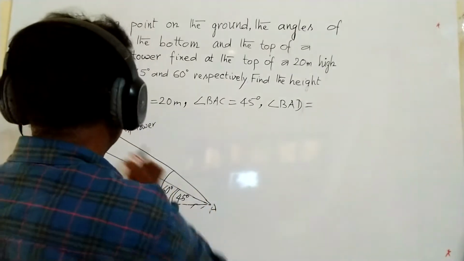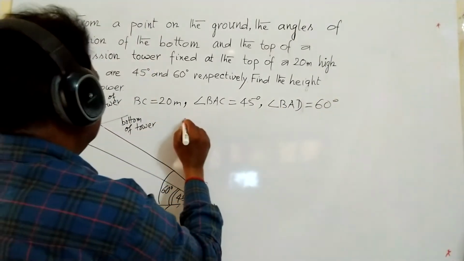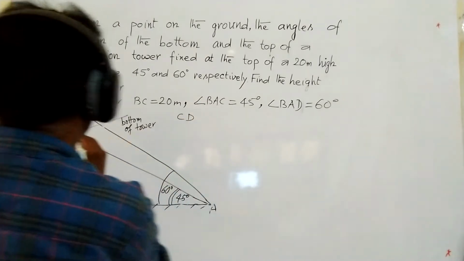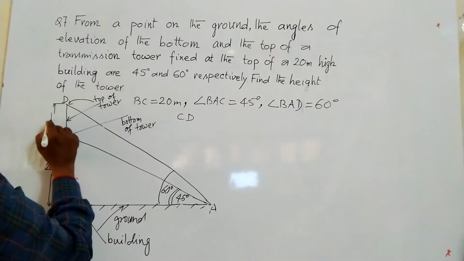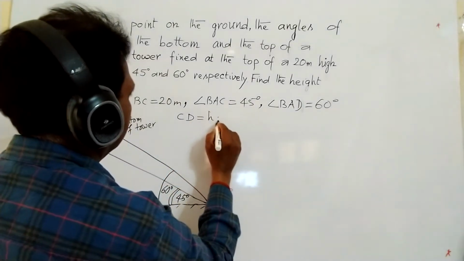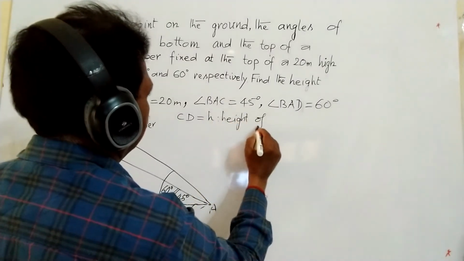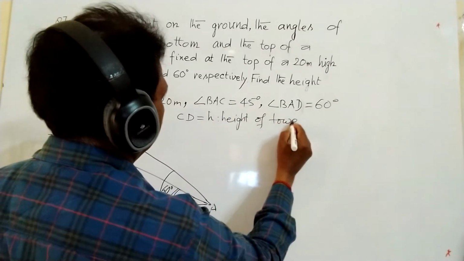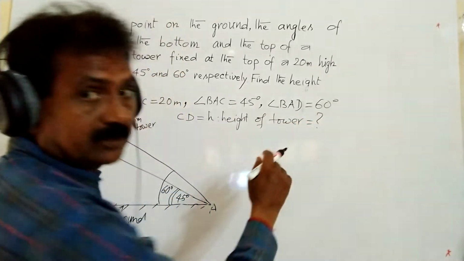Angle BAD is 60 degrees. And let us say CD equal to h, that is the height of the tower. CD is equal to h, the height of the tower, that is to be determined.